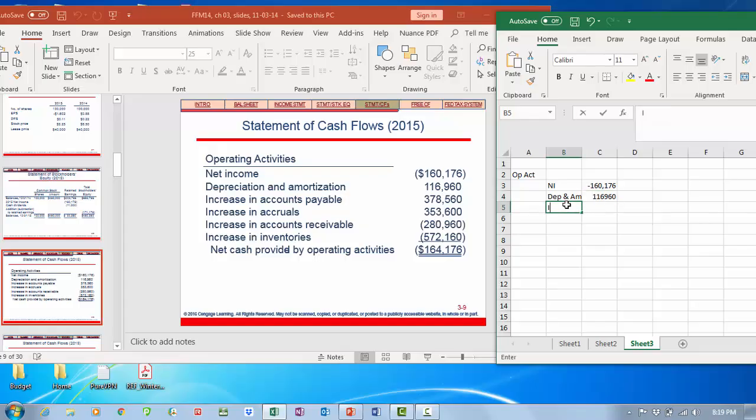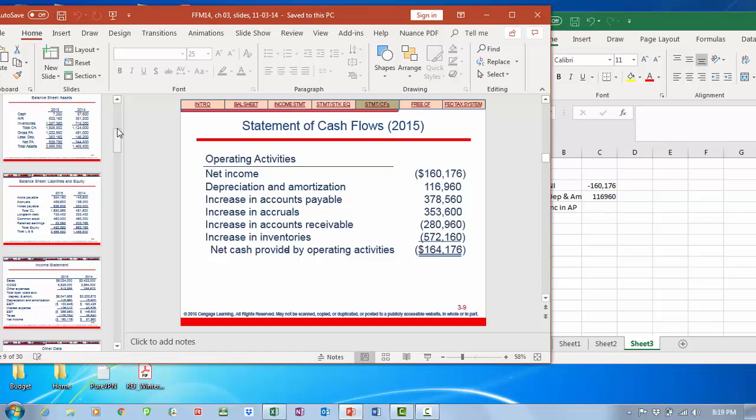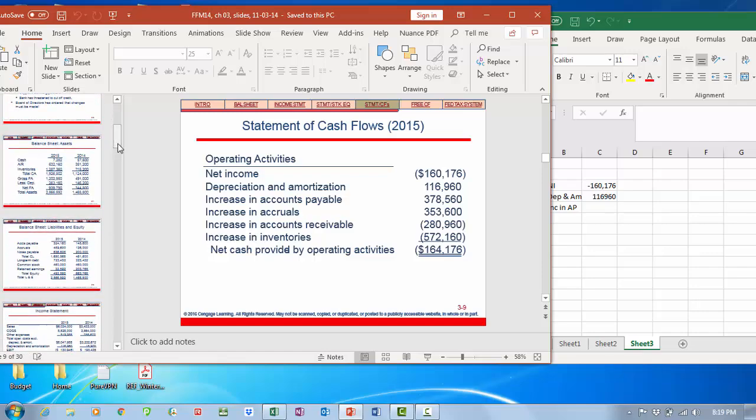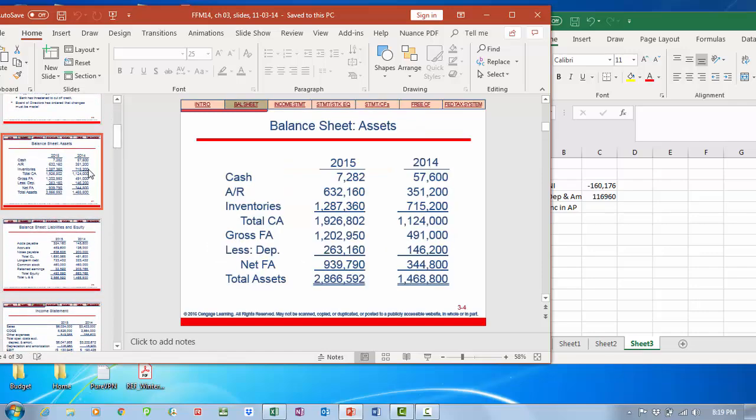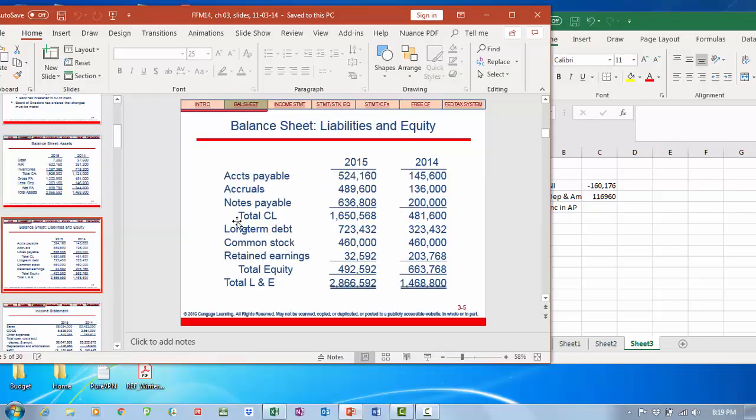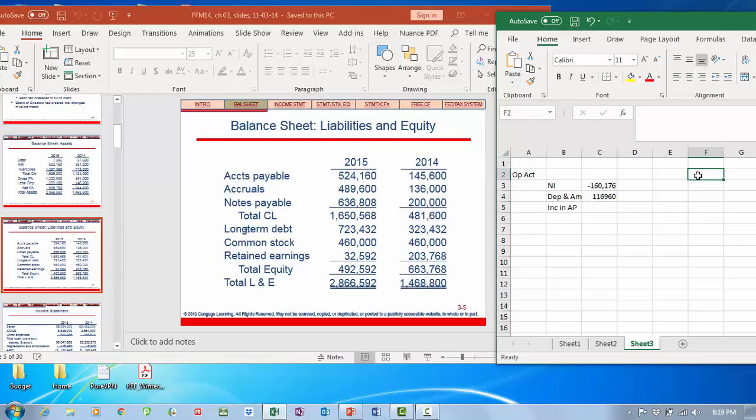And then you have increase in accounts payable. So you go back to the balance sheet and go to the liability side, and you can see that accounts payable has increased from 145,600 to 524,160.